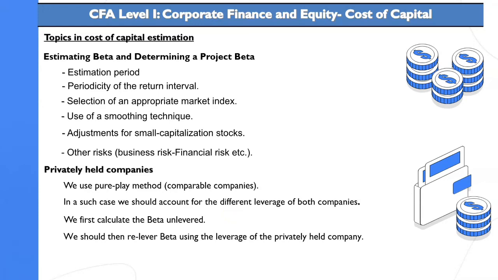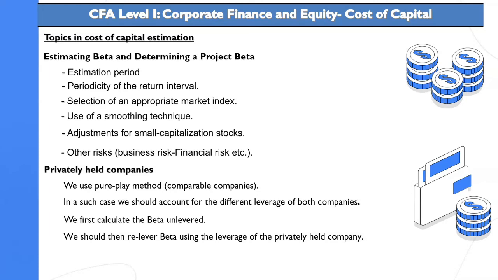Let me explain this further. Let us assume the first company, company A, had a leverage, that is debt, 90% of its assets financed by debt. Another company is financed 15% by debt and 85% by equity.